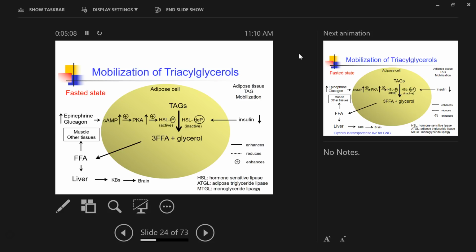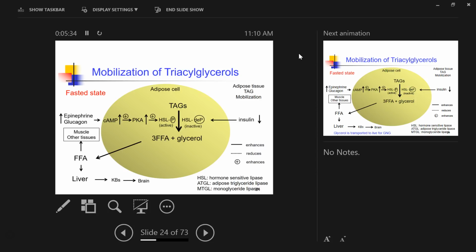So the answer is yes, and the explanation is that during a low carbohydrate diet, we have relatively lower blood glucose levels compared to a high carbohydrate diet, which will kind of mimic the fasting condition.